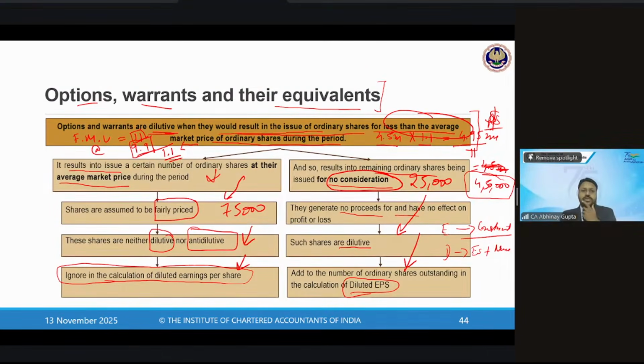And we are actually giving them 1 lakh shares. No, we are not giving them 1 lakh shares for free. How many shares are we giving for free? Only 25,000. The remaining 75,000 are getting issued to them at fair market value, right? And if something is issued at fair market value, then that needs to be ignored completely for the purpose of calculation of weighted average number of shares for diluted earning per share computation. Is that clear now? Yes, clear.